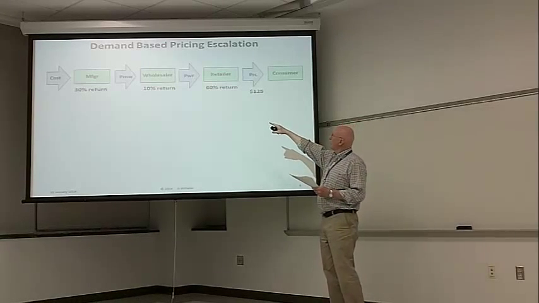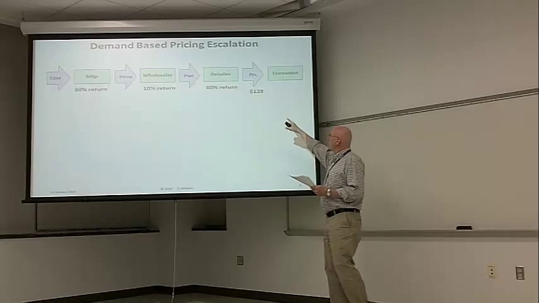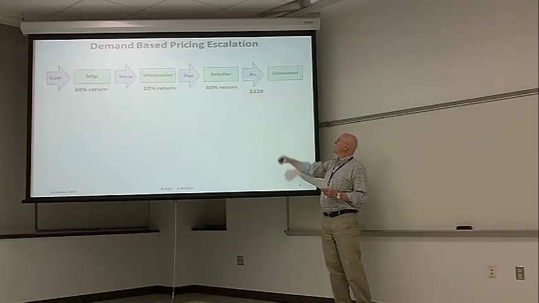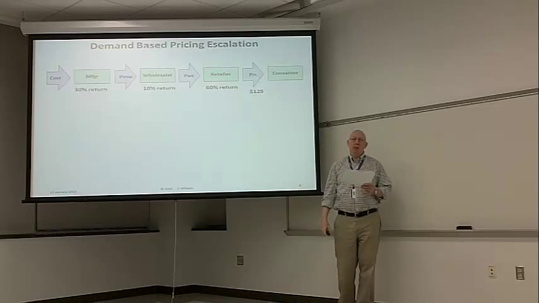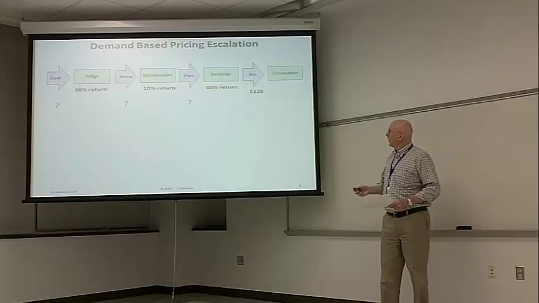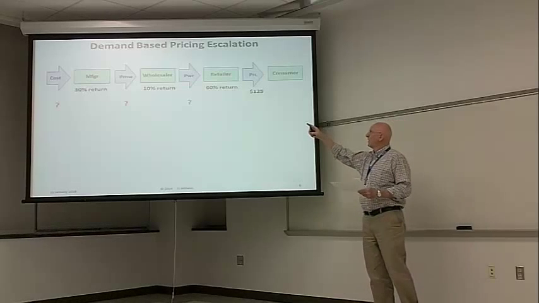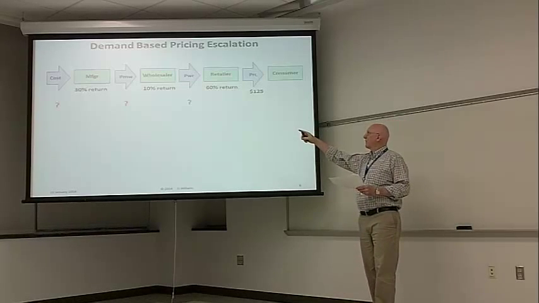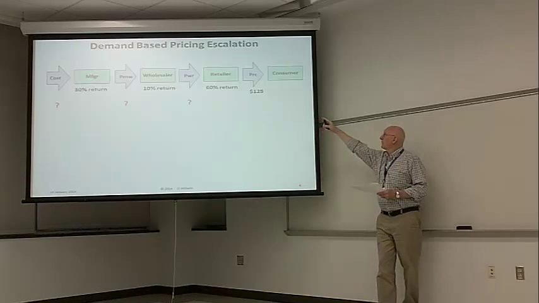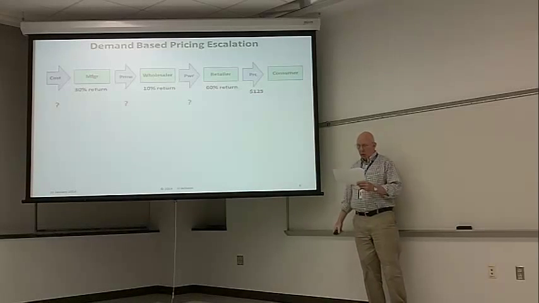Manufacturer 30, wholesaler 10, retailer 60, and all that has to result in a price to the consumer that's $125. What we're looking for are the cost, price from manufacturer to wholesaler, and price from wholesaler to retailer, since we know what the consumer's willing to pay.